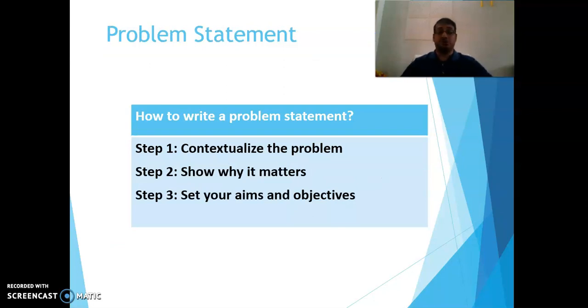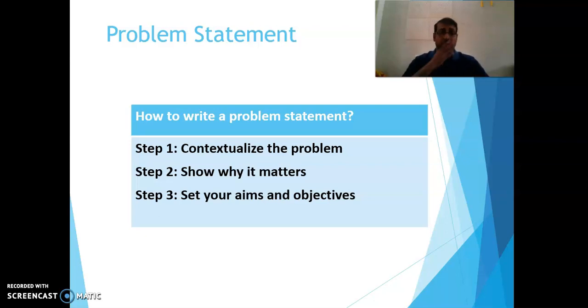Let me talk about how to write a problem statement. Once you have identified a research problem, issues, or research topic for your project, the next step is to write a problem statement. You should keep in mind that a problem statement must be concise and concrete.